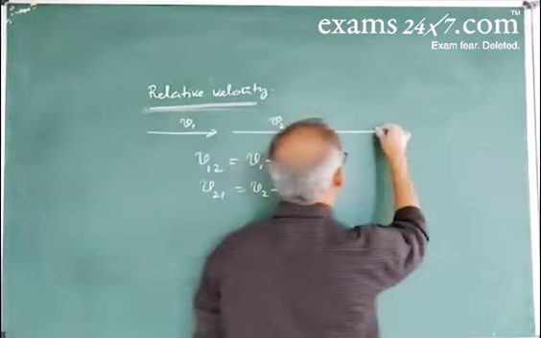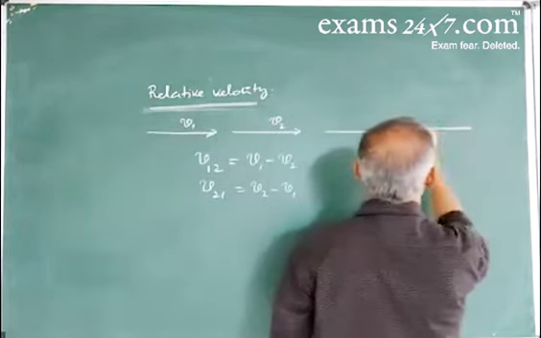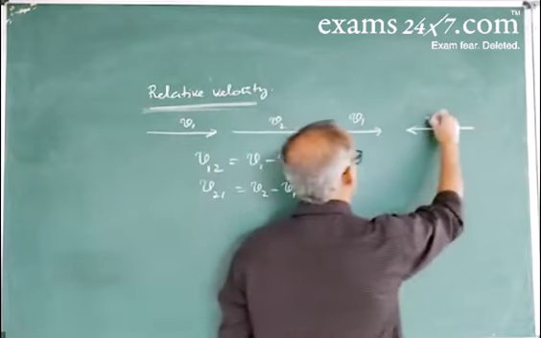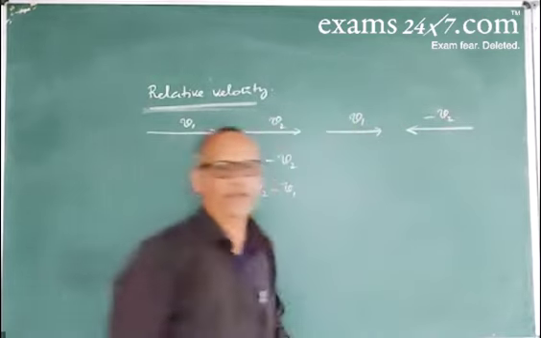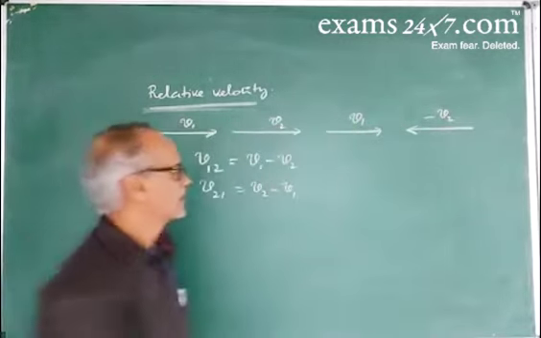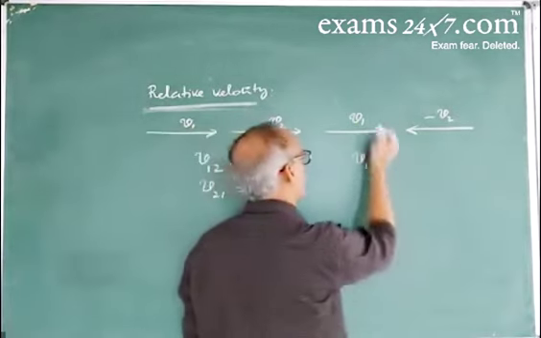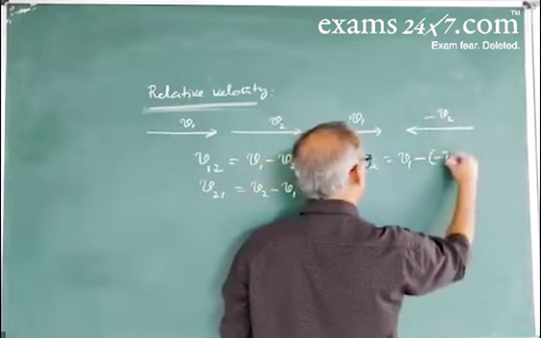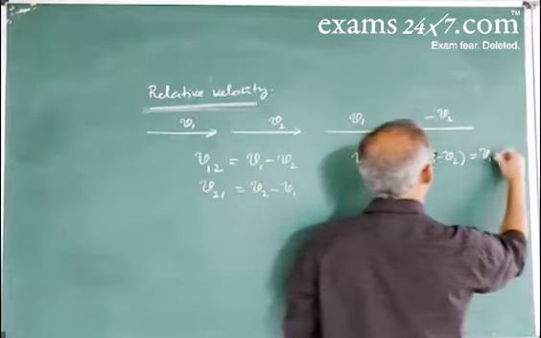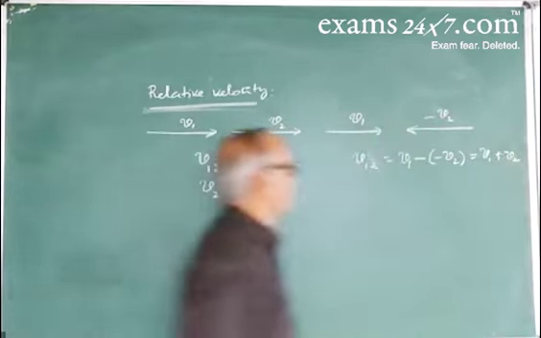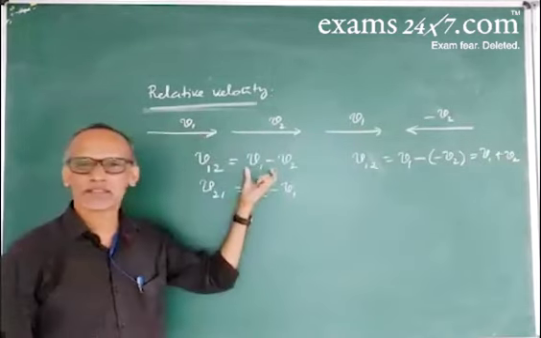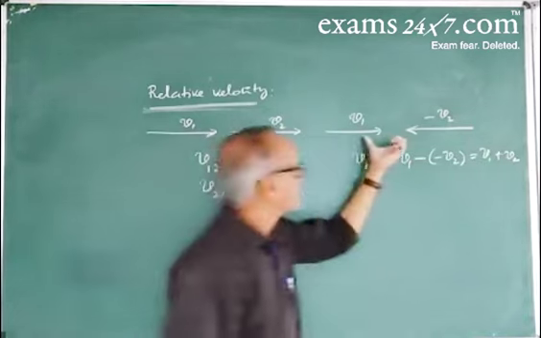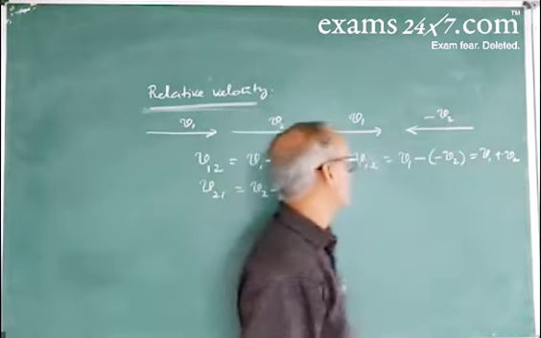Now, what if they move in opposite direction? If this is v1, with respect to the first body, the direction of the other is negative. So in that case, we find v12 is equal to v1 minus of minus v2, which is v1 plus v2. That means the relative velocity is lesser when the two bodies move in the same direction, and the relative velocity is more when they move in opposite direction.